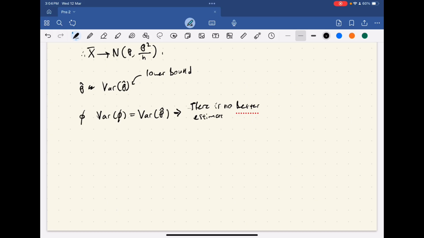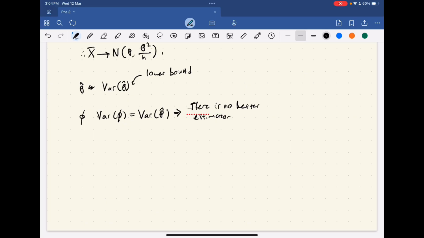Because the variance is in a way like a measure of error, and you don't really want that. So we cannot have a better estimator.